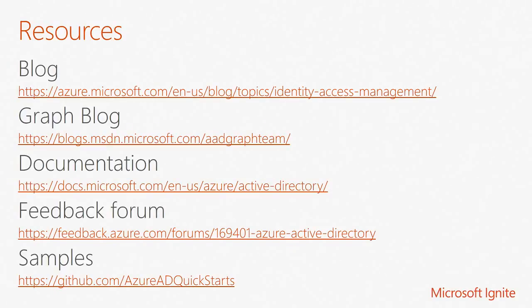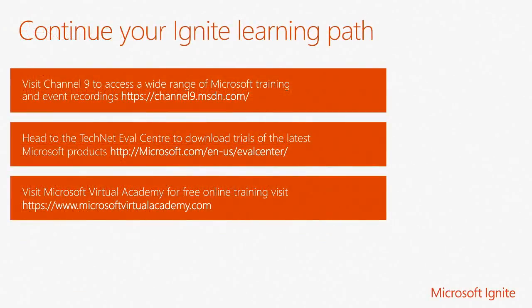But the samples one is what you really want to have a look at, because there's just a myriad of different types of clients. You could have everything from Android to iOS to Node.js, single-page apps, web APIs, and there's pretty much a sample for everything. So I would check that out.